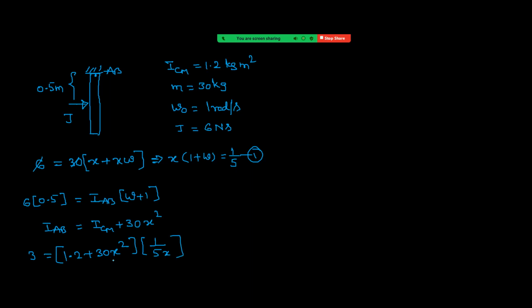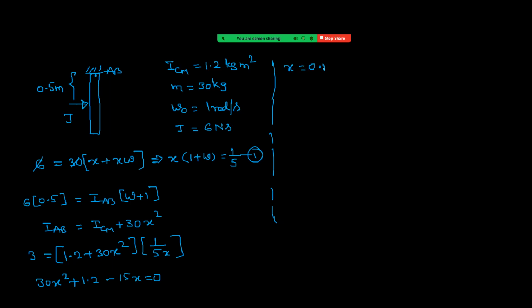Now this equation is completely in terms of x. Simplify this: 30x square plus 1.2 minus 15x equals 0. Now if you solve for x, we get two values.